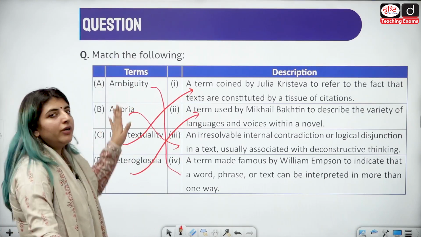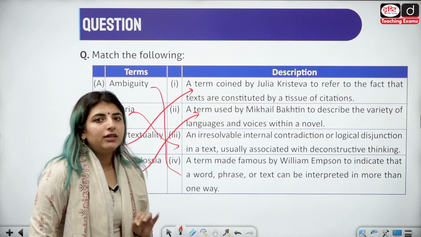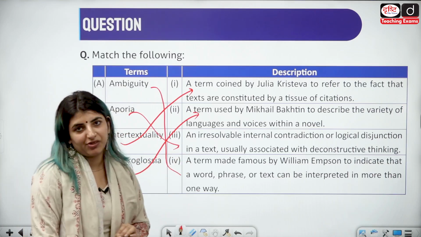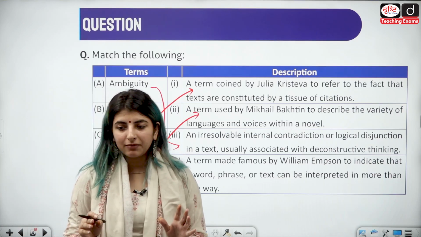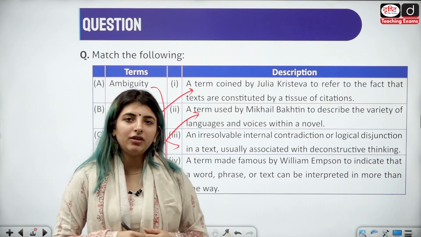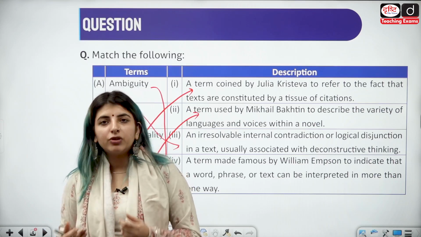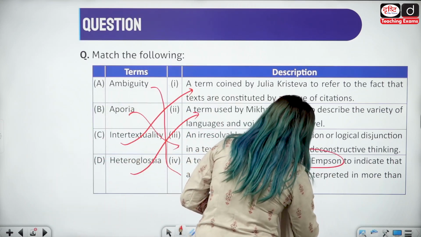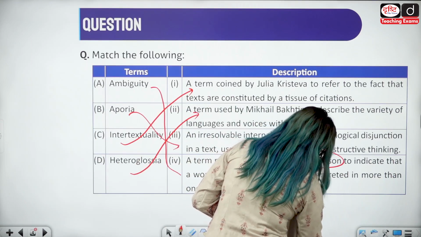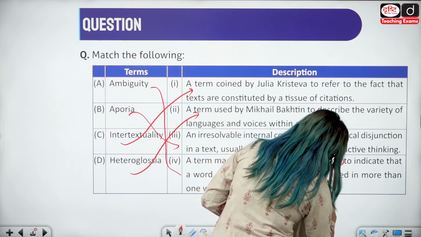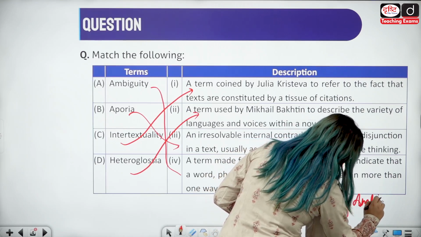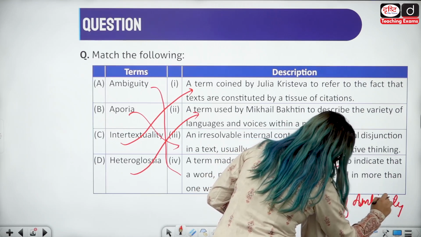So ambiguity, what does the word mean? A term made famous by William Empson, and this word has been asked multiple times separately as a question. It has been asked like in which book this term has been coined. It has been coined in the book by Empson named Seven Types of Ambiguity, right?